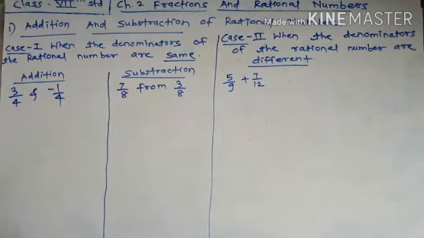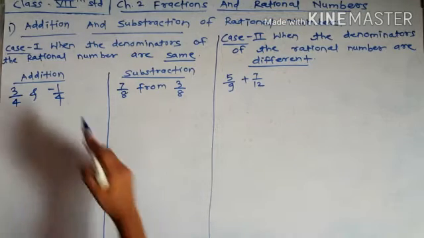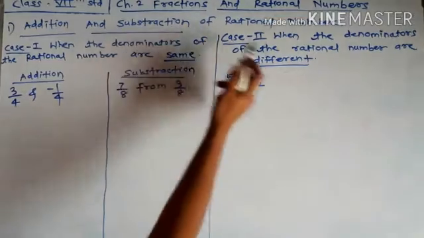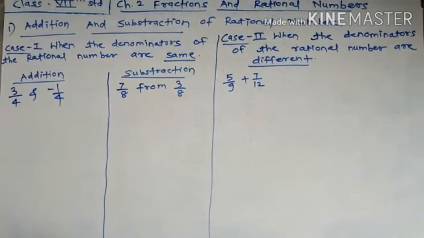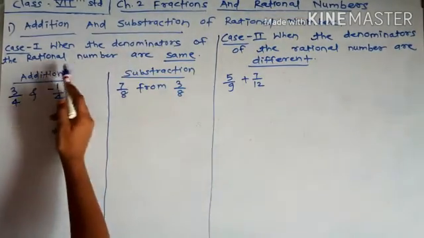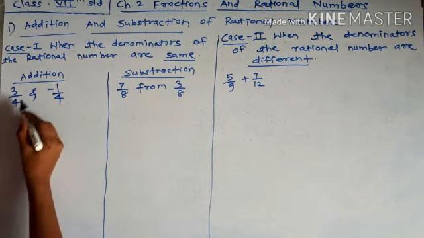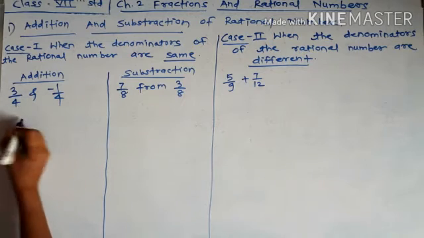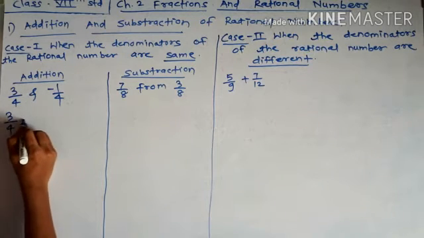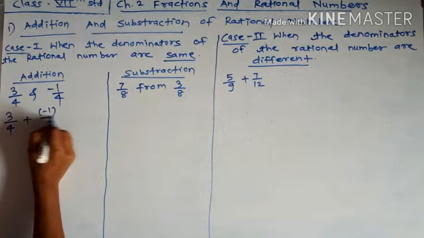Next we see the operations on rational numbers. The first operation is addition and subtraction of rational numbers. In the first case, the denominators of the two rational numbers are the same. For example, we take 3 upon 4 and minus 1 upon 4.